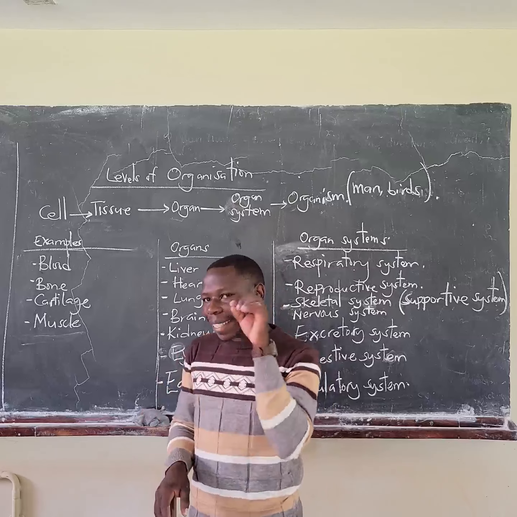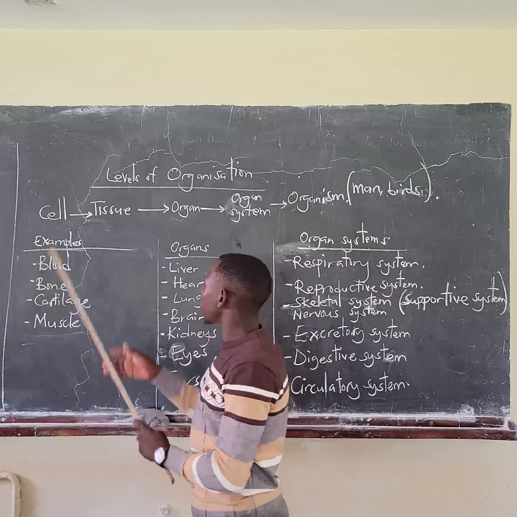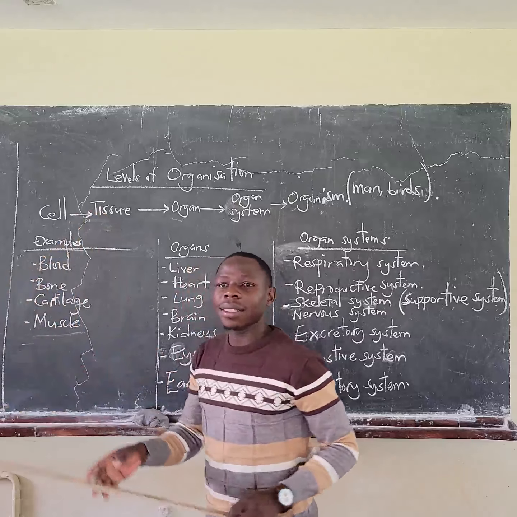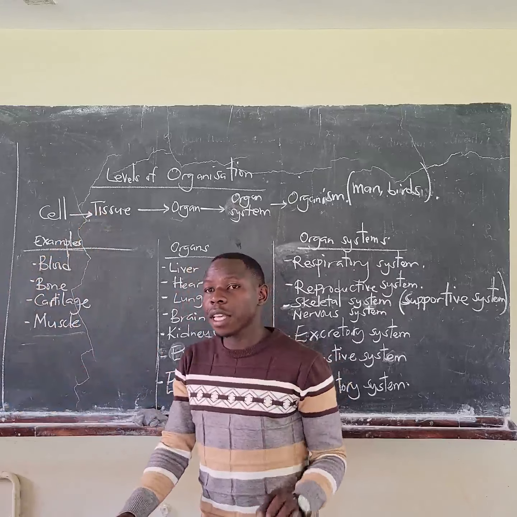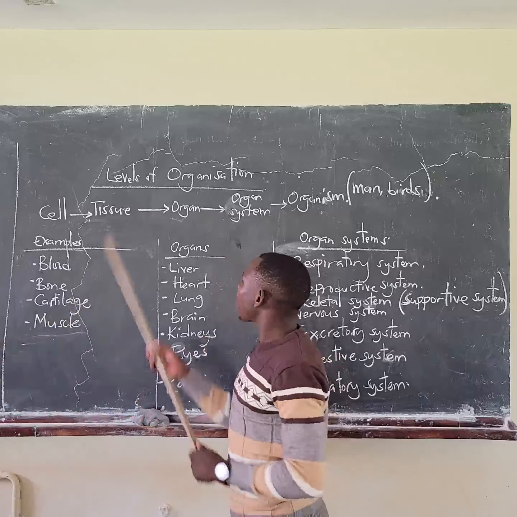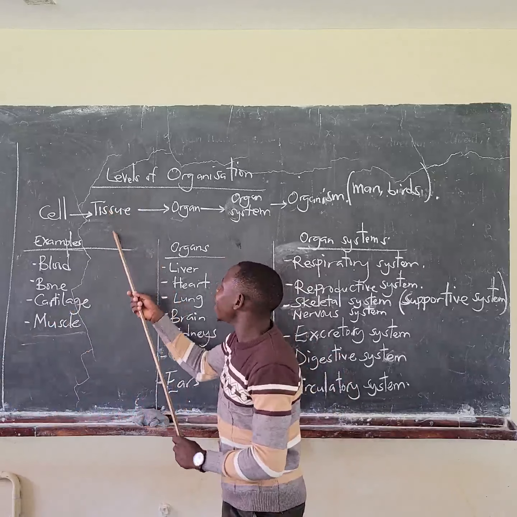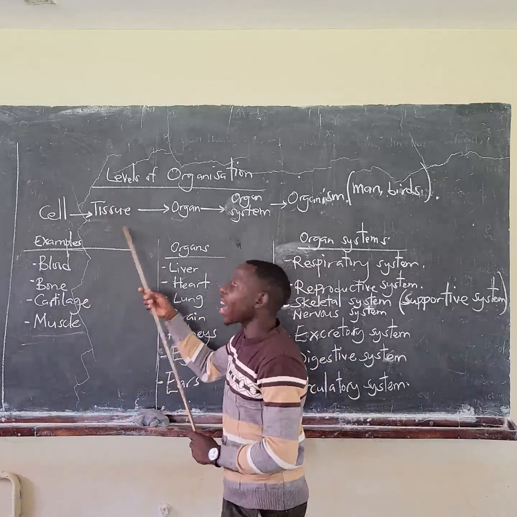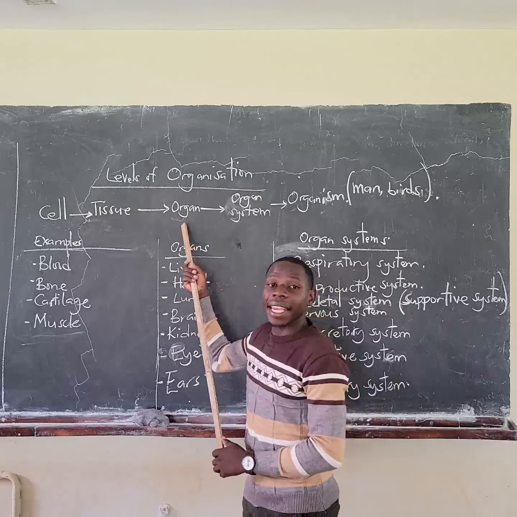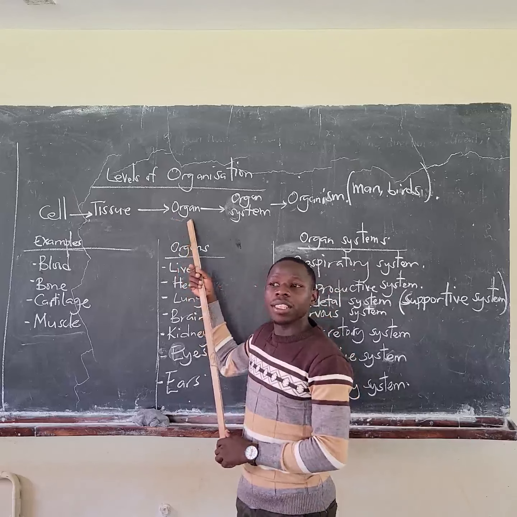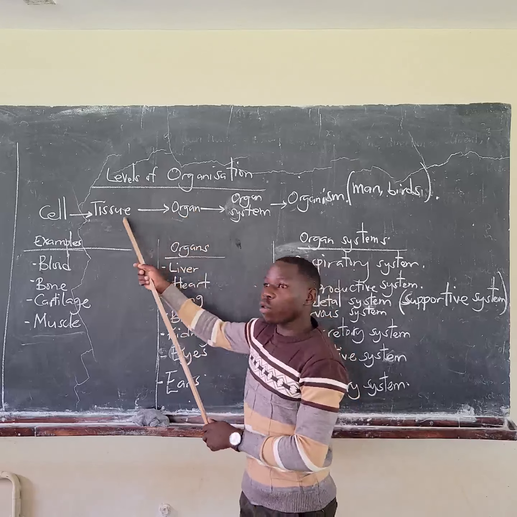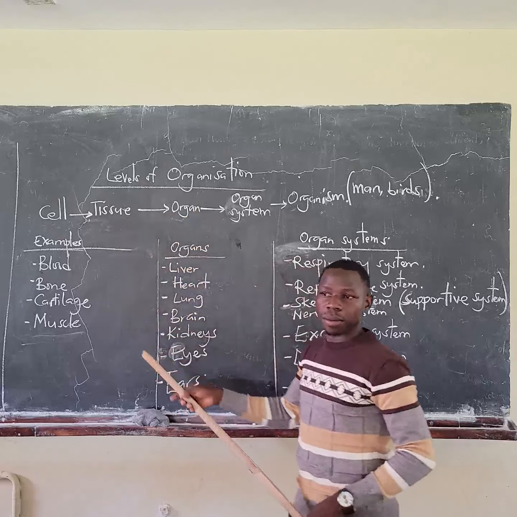It is called a tissue. So tissue is a group of cells that join up to perform a specific function. And from a tissue, very many tissues combine, and they form what we are calling an organ. So in simple terms, an organ is a group of tissues.